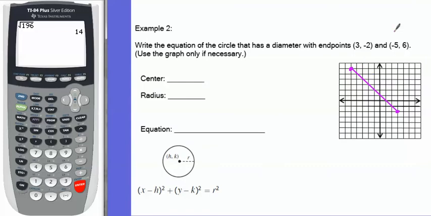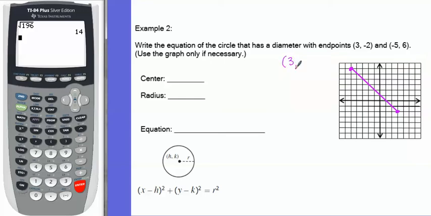When I do that, I know that my center of the circle has to be somewhere along this line. Just in case I have to pick it, I always draw it in. There's another formula I have, which is my midpoint formula, because I'm looking for the middle to find my center.